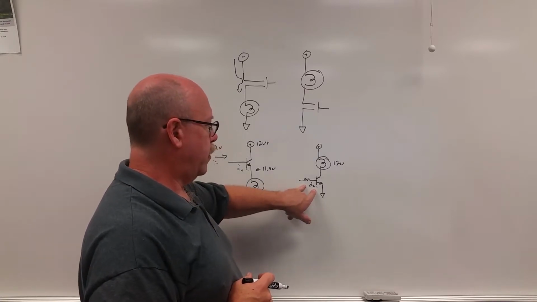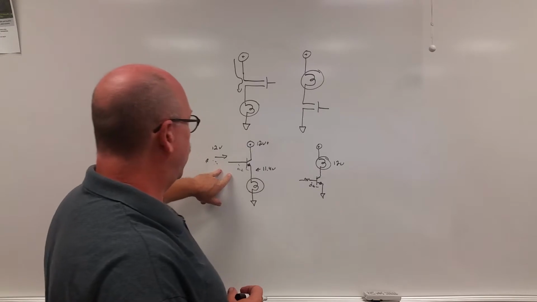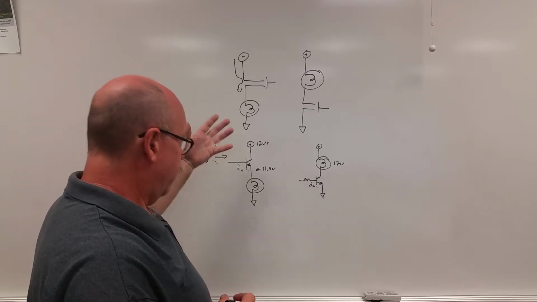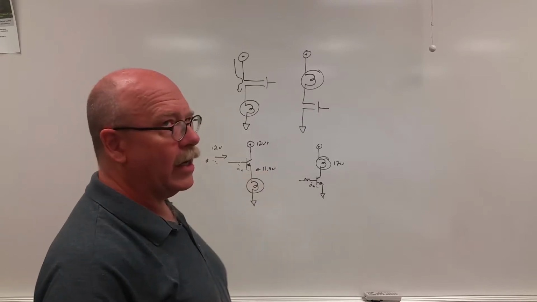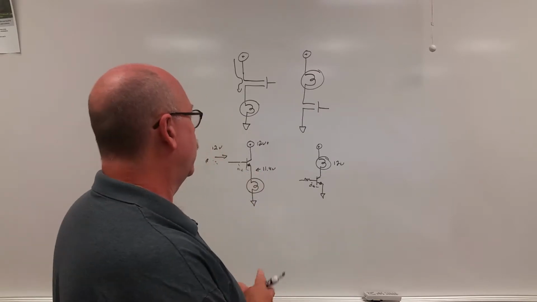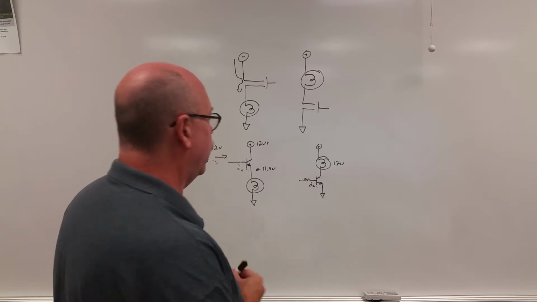In this situation, only 0.6 of a volt is required to turn it on, where in this situation it requires at least the source voltage, and you still don't quite get the output voltage as you should. It's close enough in most situations, but typically not.